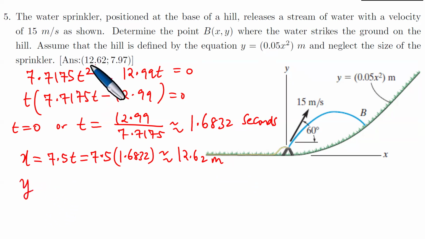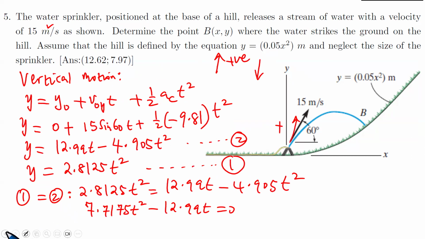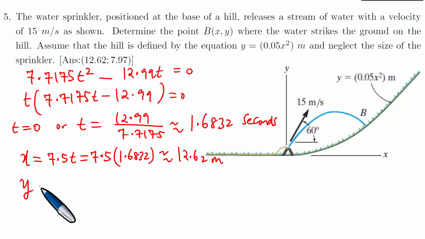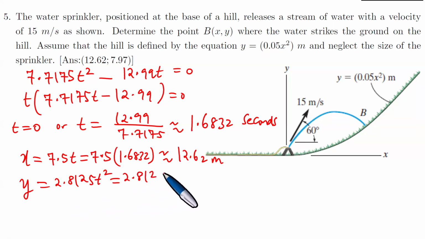We also need to get the y component, and we're spoiled for choice. We can use equation 1, which is 2.8125 t squared. What is the t?